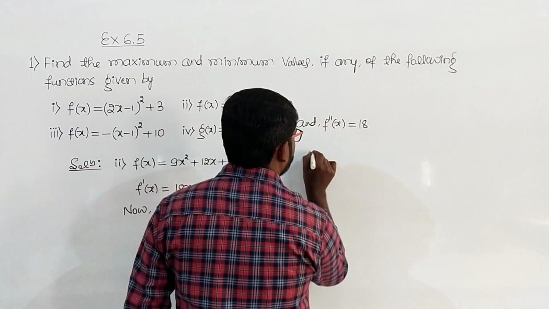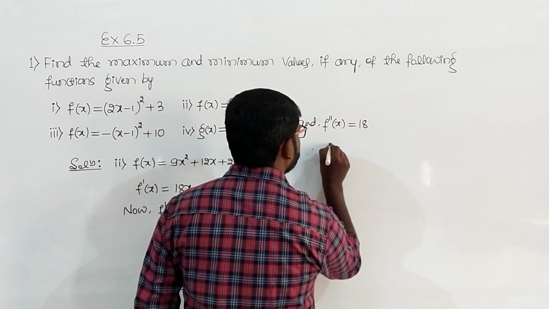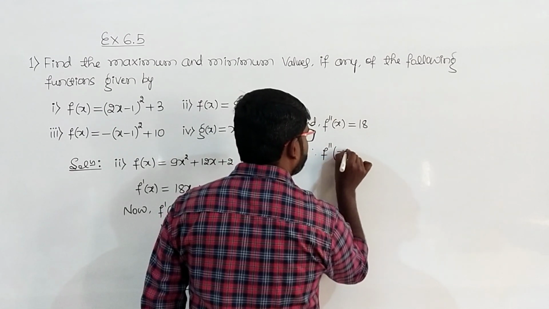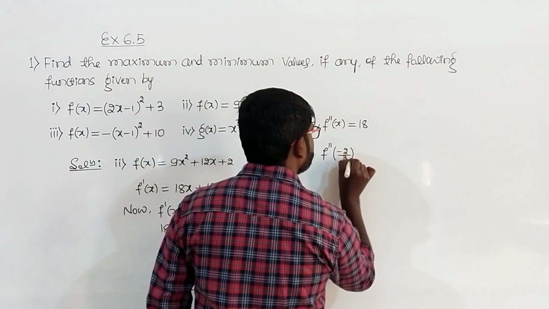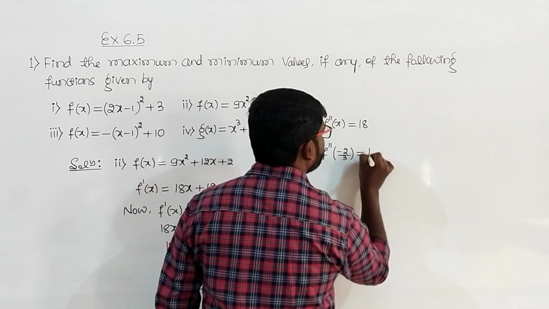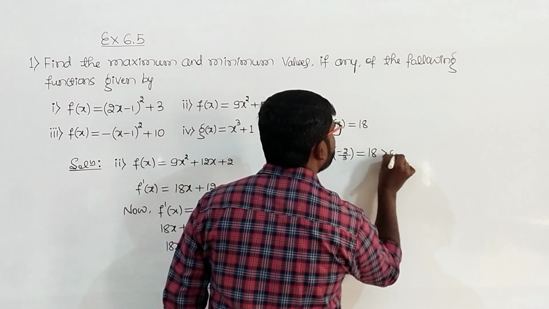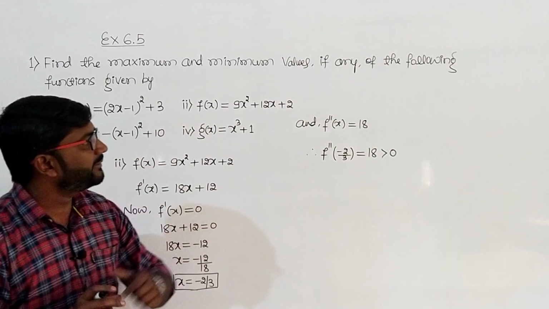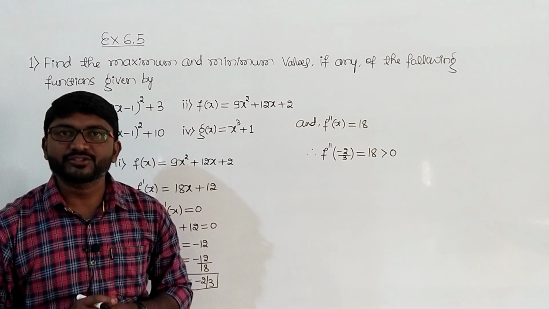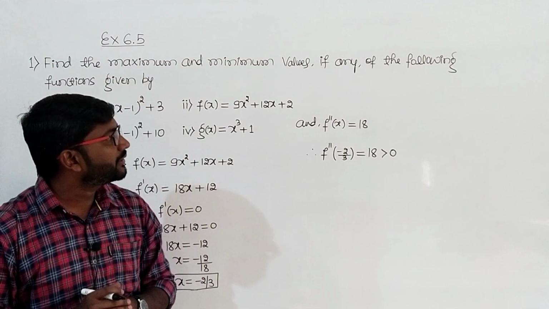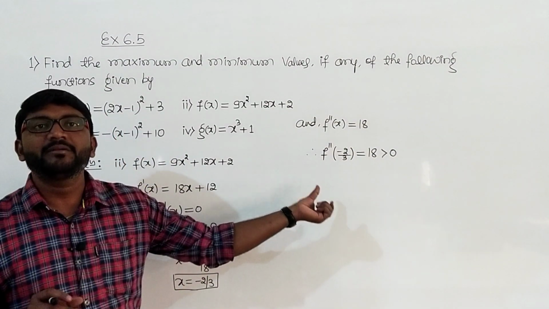So therefore f double dash of minus 2 by 3 equals, there is no x term, so 18 remains as it is, which is greater than 0. By second derivative test, x equal to minus 2 by 3 is the point of local minima, and we have to find the minimum value.